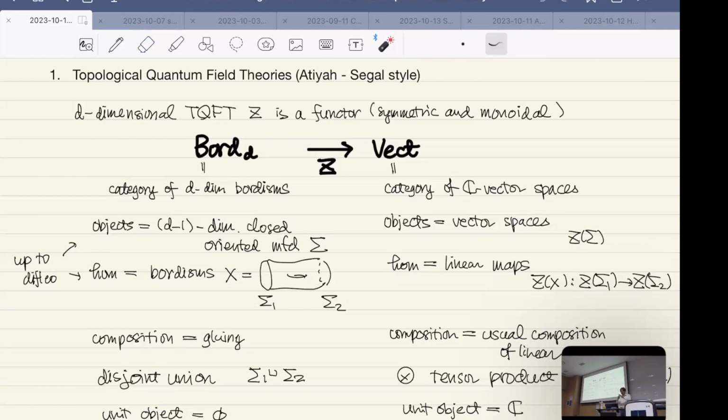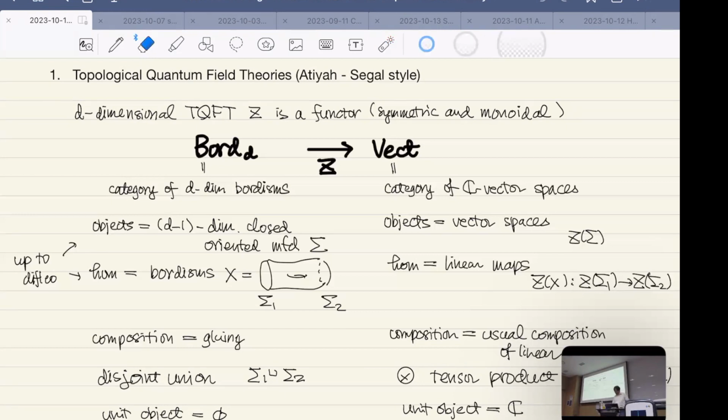So if you have a closed d-dimensional manifold, then it is a bordism between empty sets. And this is the category, so you need to consider the composition of the homomorphisms. And composition is just given by gluing of these d-dimensional manifolds along the common boundary. You have a similar picture for sigma 2 and sigma 3, and then you connect along sigma 2 to get a bordism between sigma 1 and sigma 3.